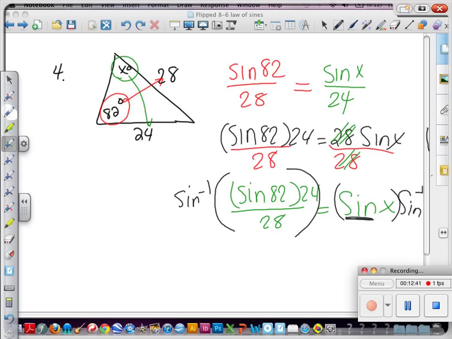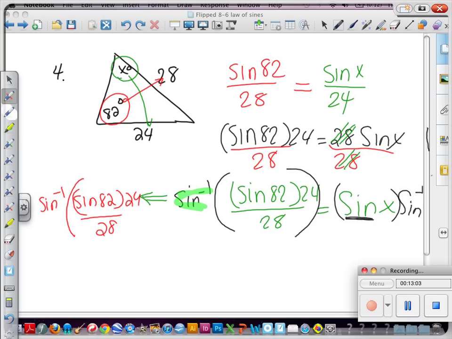So at this point, people, I'm going to move over to the side here. This is what I have. I have sine inverse. I'm going right here, people. Then I have a huge parenthesis, sine 82 times 24 all over 28, and that equals x.